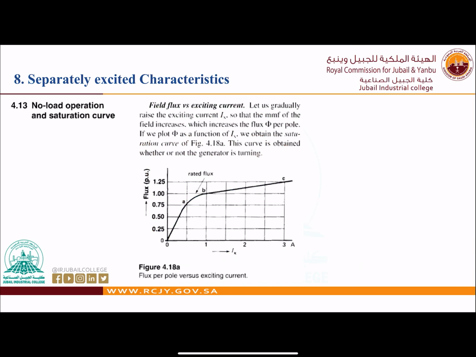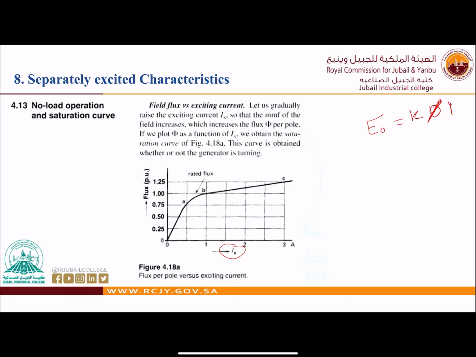Now let us see the separately excited characteristics. This is the field current against the flux. We have a well-known formula: the induced voltage is K, a constant, multiplied by the flux.